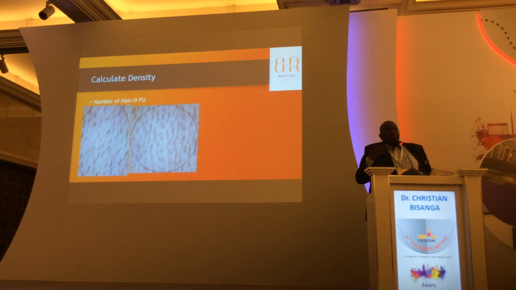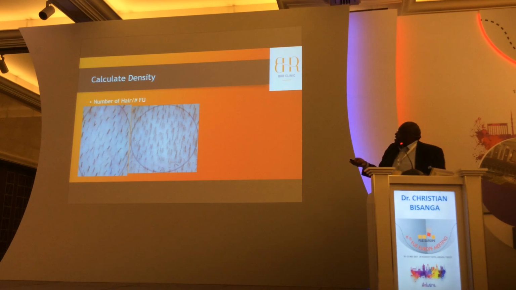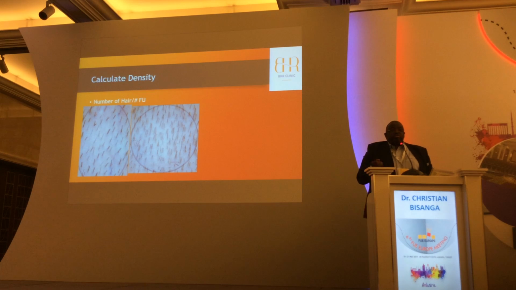There is complicated software that will help you, but it's easy just to count the number of hairs, and then you count the number of follicular units per square centimeter. So the number of hairs divided by the number of follicular units, you have roughly the calculated density. So it gives you an idea of what your average is.